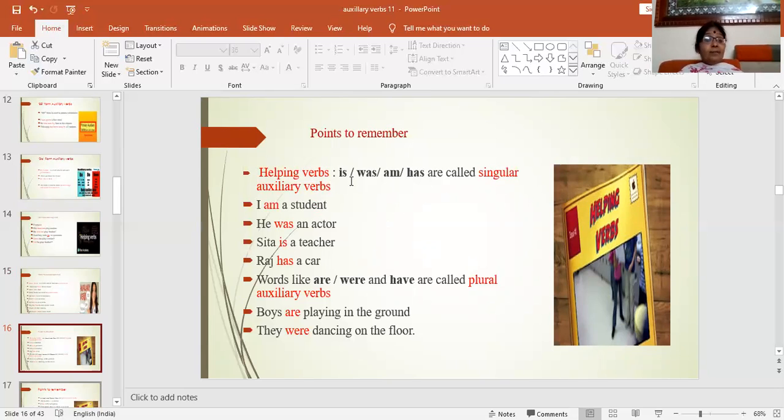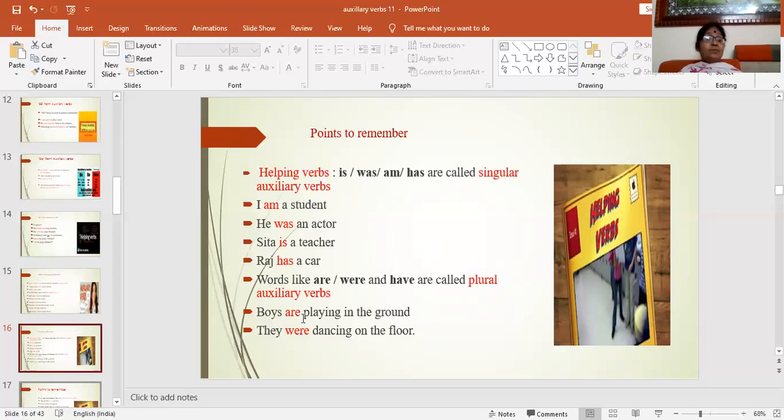So, helping verbs is, was, am, has are called singular auxiliary verbs. Words like are, were, and have are called plural auxiliary verbs.